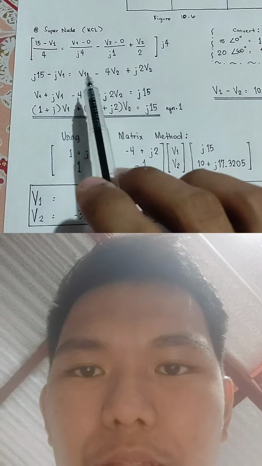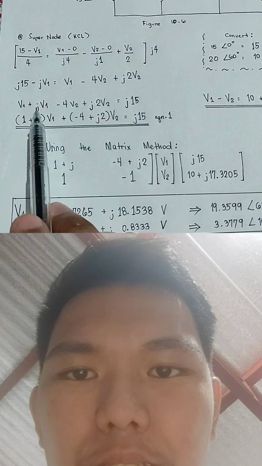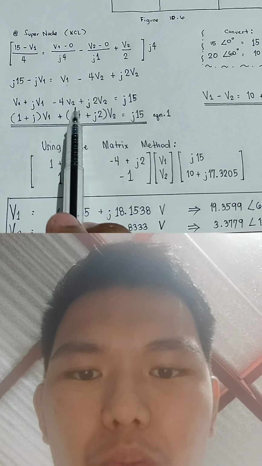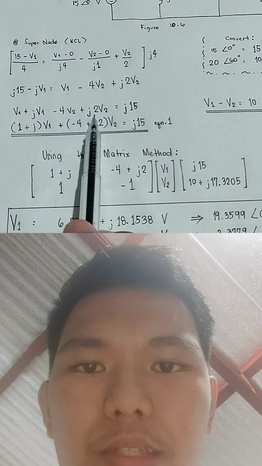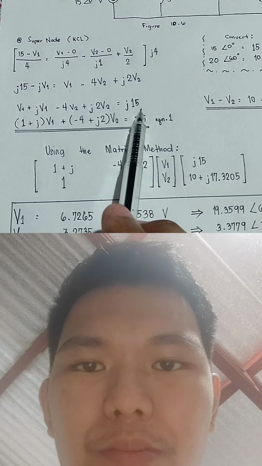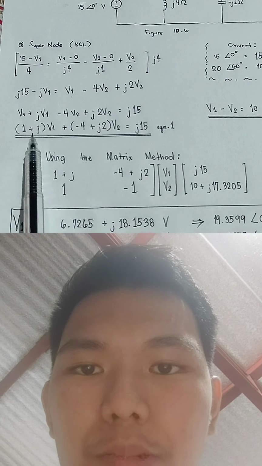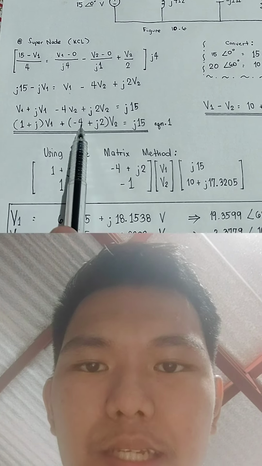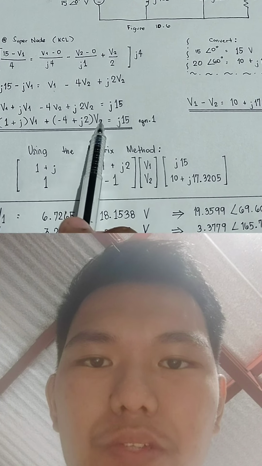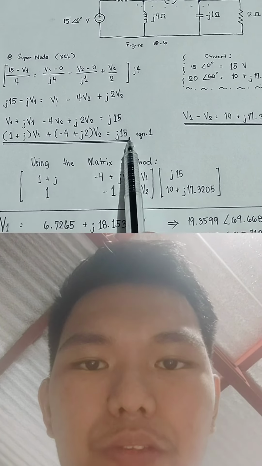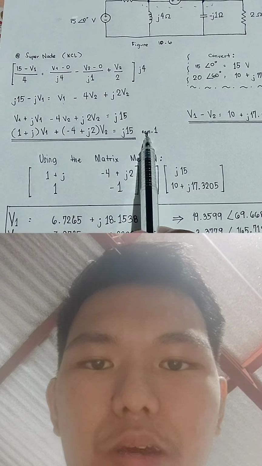We will simplify this as V1 plus jV1 minus 4V2 plus j2V2 equals j15, and combine like terms. 1 plus j V1 plus negative 4 plus j2 V2 equals j15. This is our equation 1.